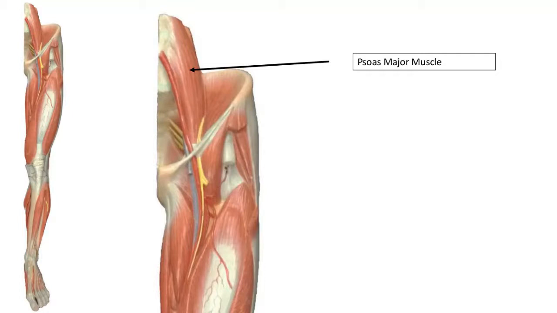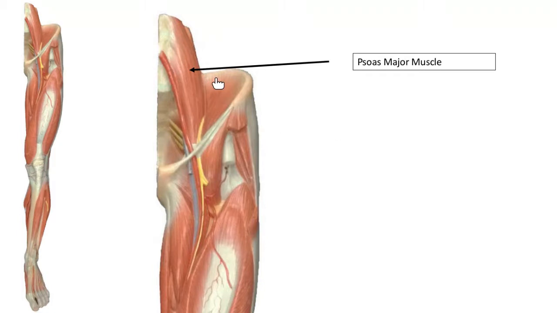All right, so we're going to head up towards the proximal portion of the lower extremity, and zoom in here. We saw this before when we were talking about the axial muscles. The psoas major muscle is lateral to the lumbar spine.